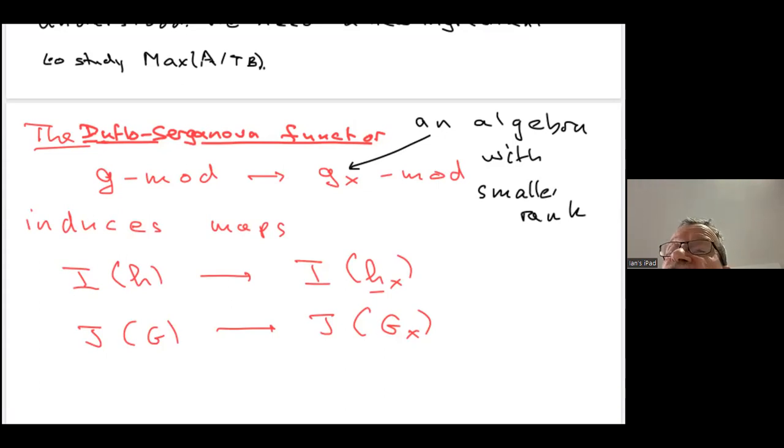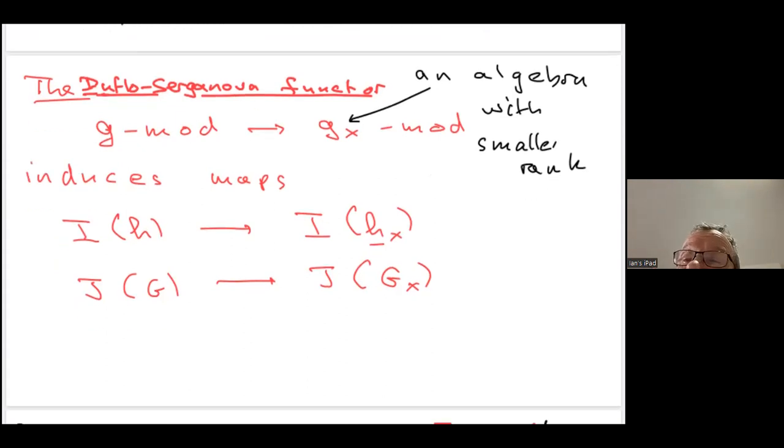It's a functor from G-modules to G_X-modules, and G_X is a Lie superalgebra of smaller rank than G. This induces maps from I(H) to I(H_X), and from J(G) to J(G_X). So it induces maps to similar algebras of smaller rank, and we can try to prove things by induction.